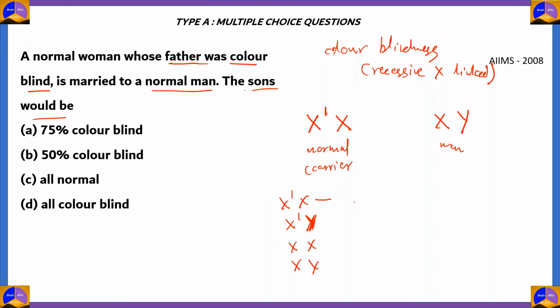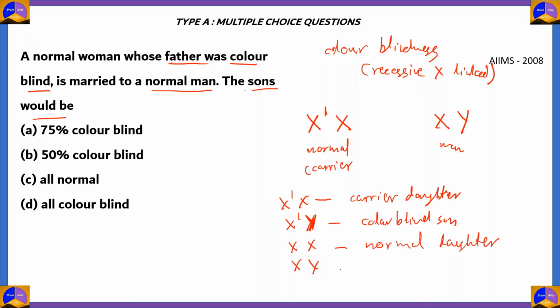So X-X is a carrier daughter. X-Y is a colorblind son. XX is normal daughter. And XY is normal son.